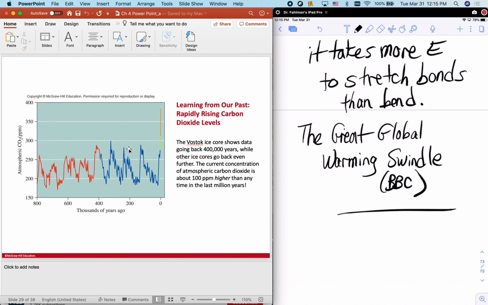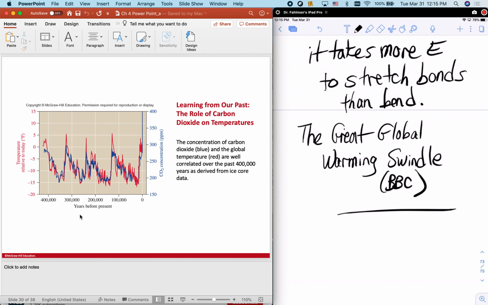So it's just a natural cycle. But if you show what concentrations are now, you'll see that we are higher with CO2 than we have ever been in the last million years. So that is not an accurate statement that people are claiming.